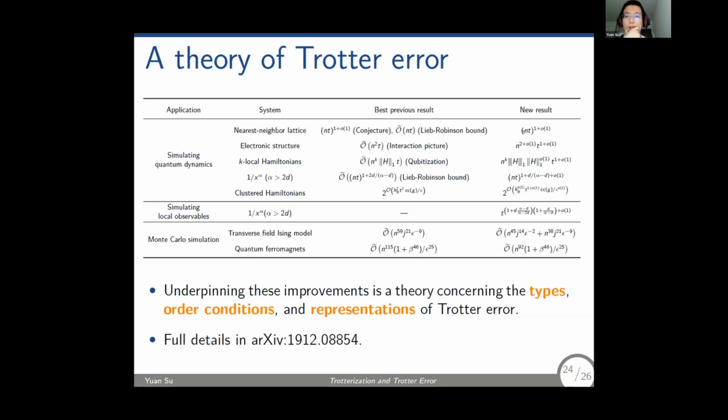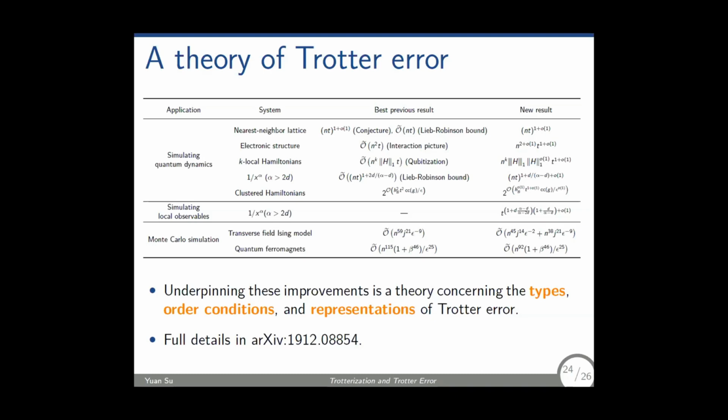And you can prove a lower bound, which is omega of NT. So it will be a nearly optimal approach to simulate this kind of nearest neighbor lattice Hamiltonians using Trotterization. But for other cases, I don't know if there could be a lower bound or optimality results for simulating this kind of system.